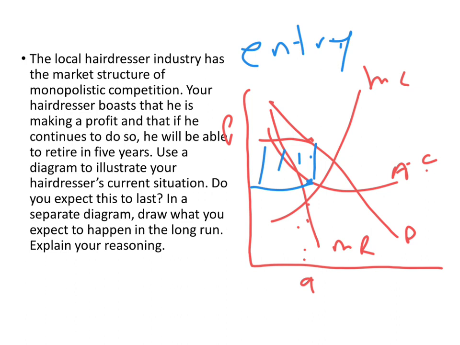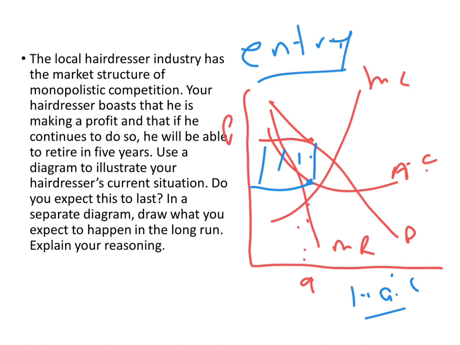Similar to before, we're going to have a change in the demand curve. Everything about monopolistic competition is connected to each firm's demand curve. Remember, this is one hairdresser. This is not the market. There is a market graph that's typical supply and demand. What happens when there's entry to the market supply? It increases.